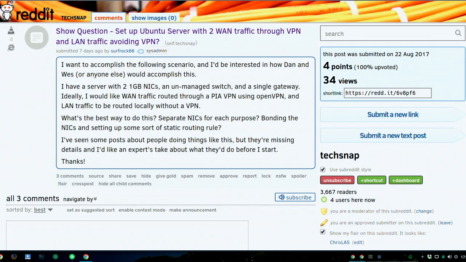Assign a static IP to the NIC on the LAN, say 10.1.1.1, and there run a DHCP server, unless you're going to statically configure everything on your LAN, but most people do a DHCP server.